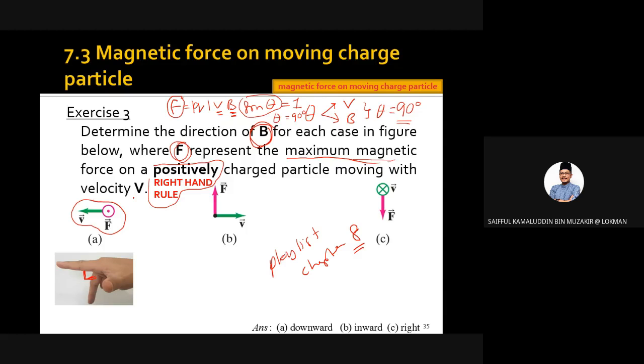How about V? V is your index finger, pointing to the left. So what is the direction of your B? Your B will be downward. Right hand rule, because it is a positively charged particle.